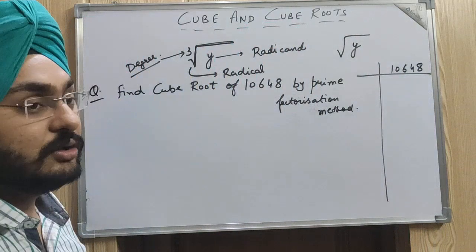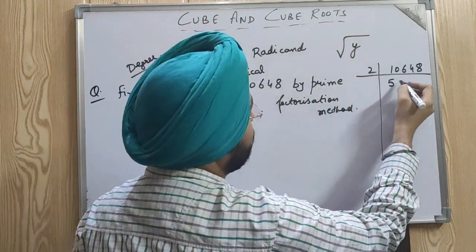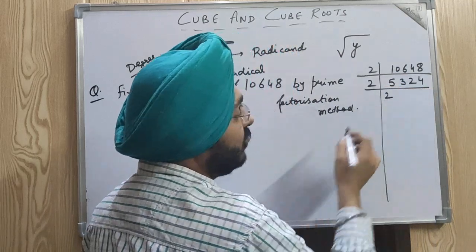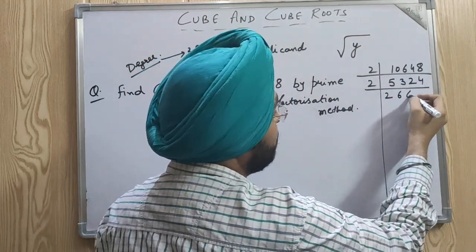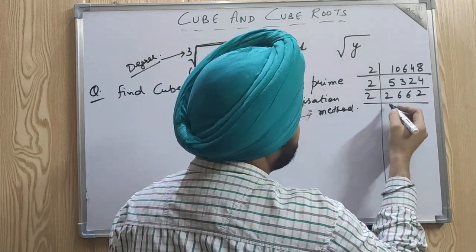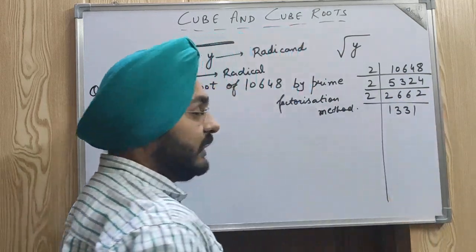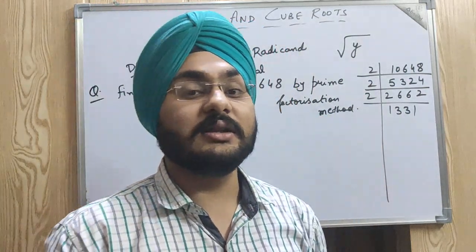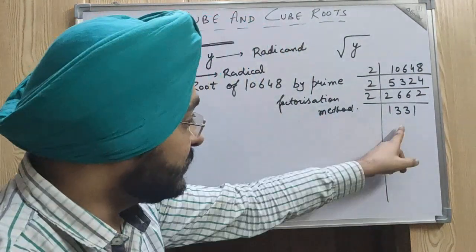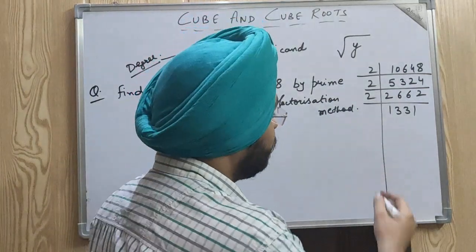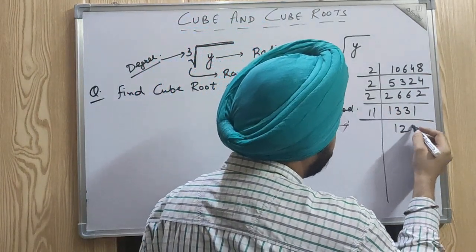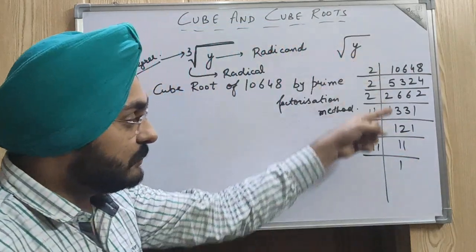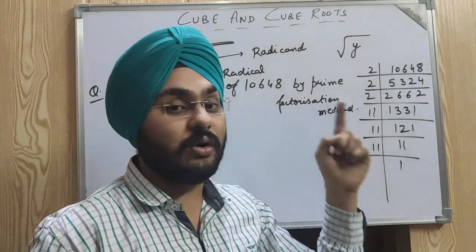Start with 2 only. 2 fives are 10, 2 threes are 6, 2 twos are 4, 2 fours are 4... again with 2, and then 2 sixes are 12. Now, as I told you earlier as well, just remember the cubes of 11, 13, 17 and 19. So this is the cube of 11. Going with 11 now: 11, 121, 11, 11 and 11, 1. So this is the prime factorization of 10648.